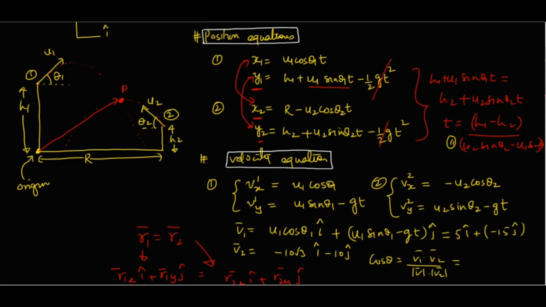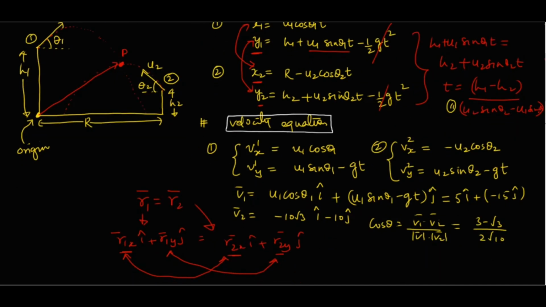Doing the maths, you're going to get (3 minus root 3) divided by 2 root 10. So this is your cos theta, and theta is nothing but cos inverse of this whole thing. If you calculate this value, it comes out to be around 78 degrees.